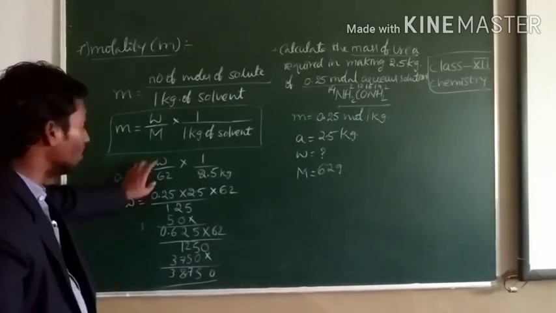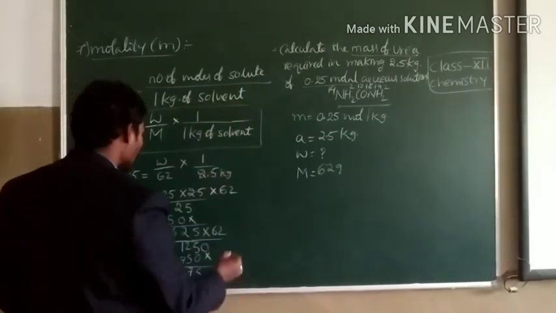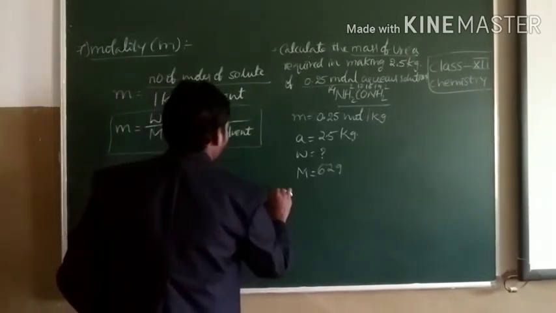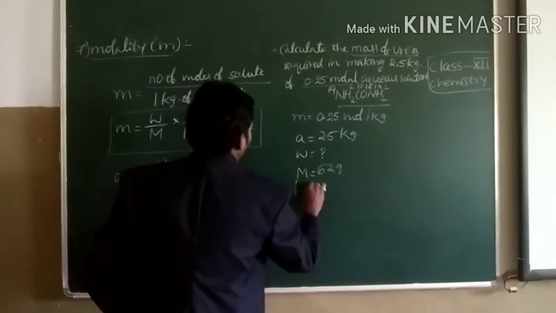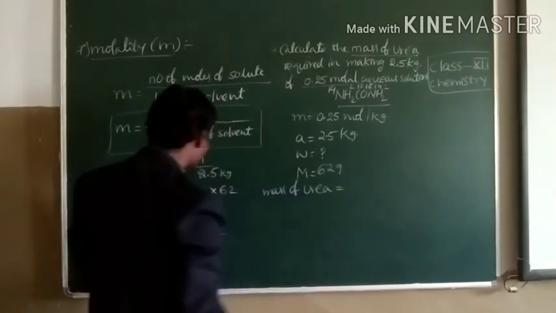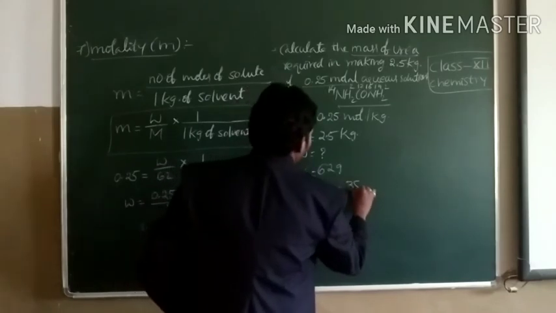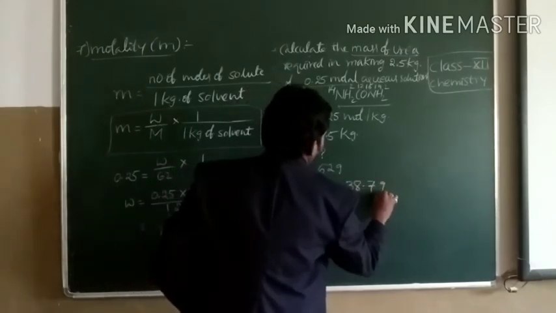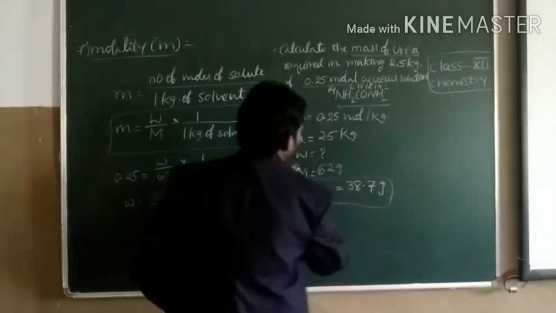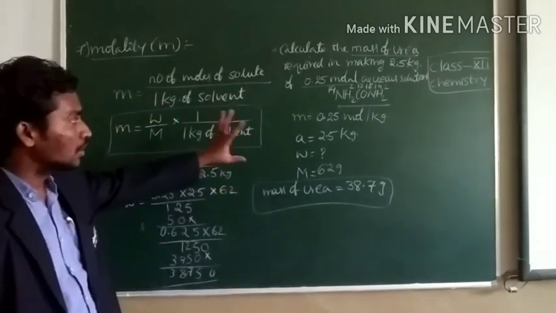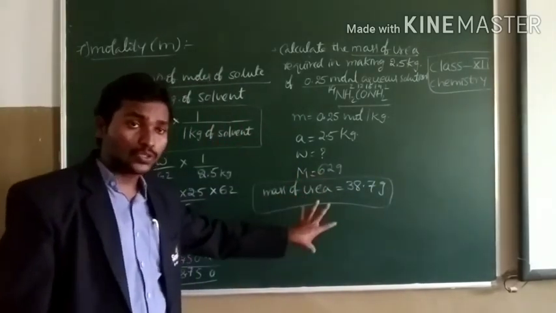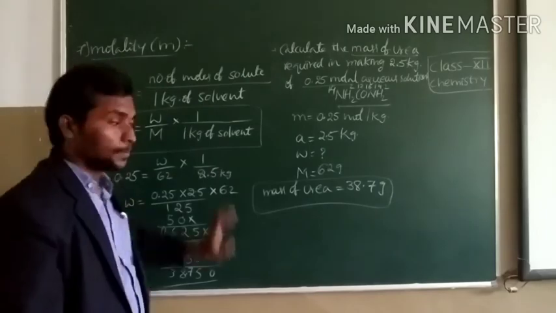So the mass of urea is 38.7 grams. This is the way we have to find the concentration of a solution in terms of molality.